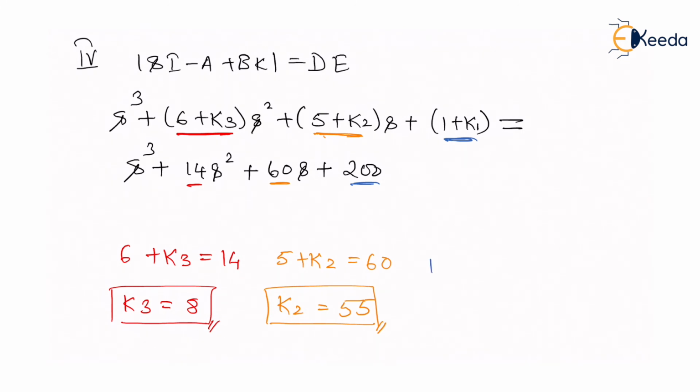You get 1 + K1 is equal to 200. Therefore K1 is equal to 199. Done with this. So we have got the values for K1, K2 and K3. Let us go for the cumulative answer. So the final answer: the gain matrix K is equal to [199 55 8].